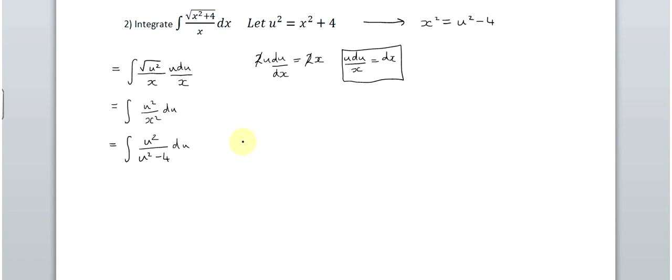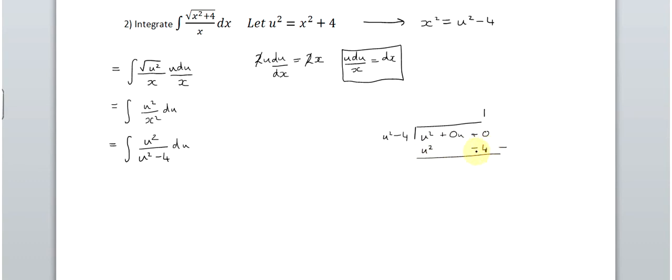Now, what we've got here is a top-heavy algebraic fraction. So let's start off by doing the long division. So we're going to divide u squared by u squared minus 4. And that's obviously plus 0u plus 0, just to keep the form there. u squared into u squared goes once, multiplied by that, so we get a u squared and a minus 4.